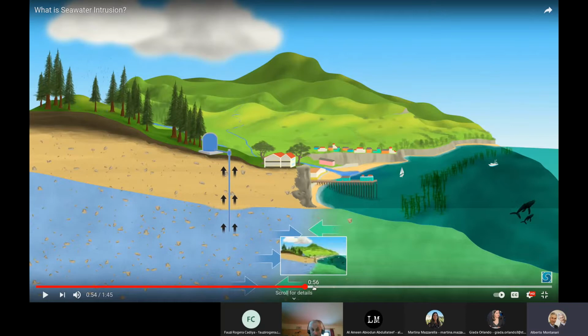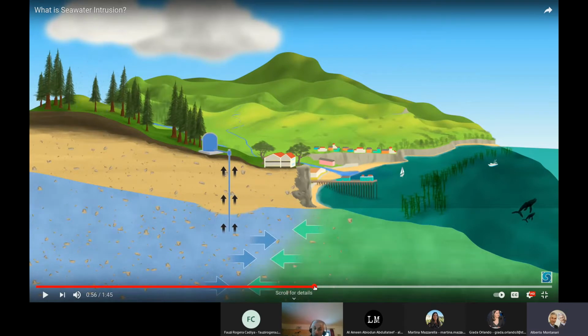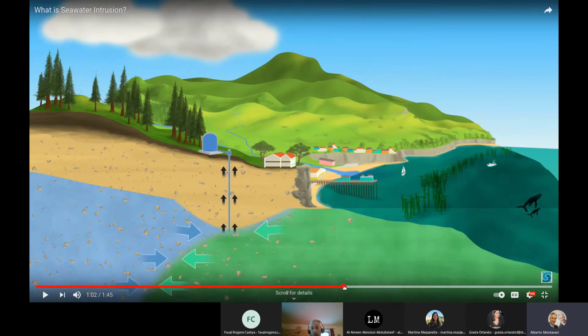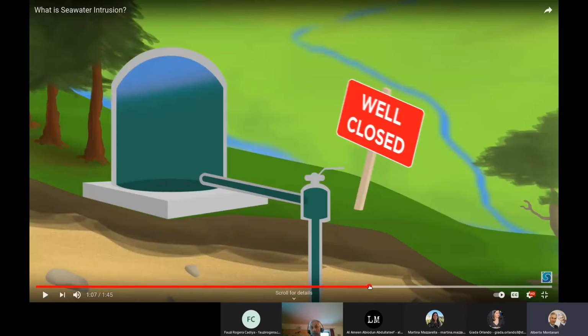So what happens is that salt water from the right is intruding because, again, of the decreased pressure of fresh water, until you get to a situation where the salt water gets actually contaminating the well. It gets so high and so inside that the well gets contaminated, and finally the well is closed. And this is something that is, of course, very concerning.